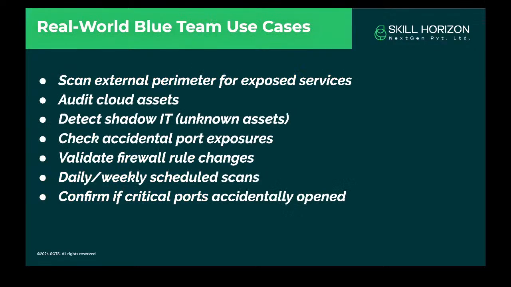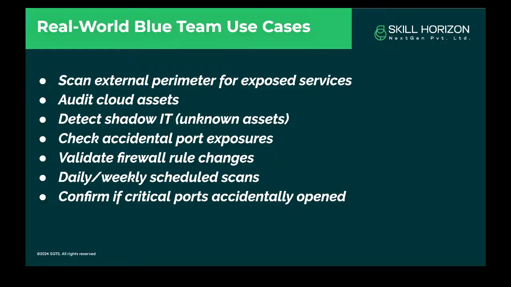Now if we talk about some real world blue team use cases, why do we use Masscan if we have Nmap available? So see, scan external perimeter for exposed services, audit cloud assets, detect shadow IT, right?